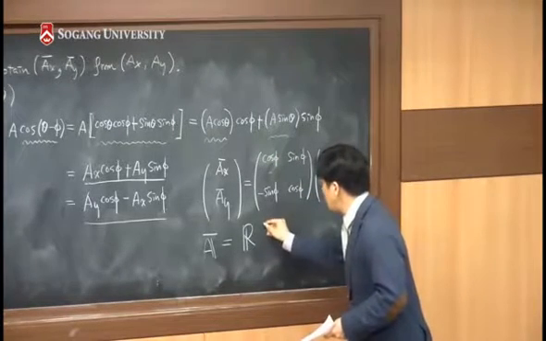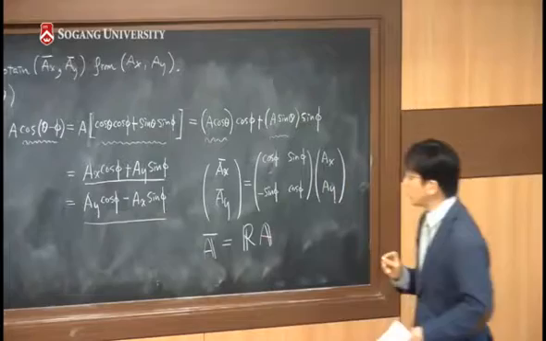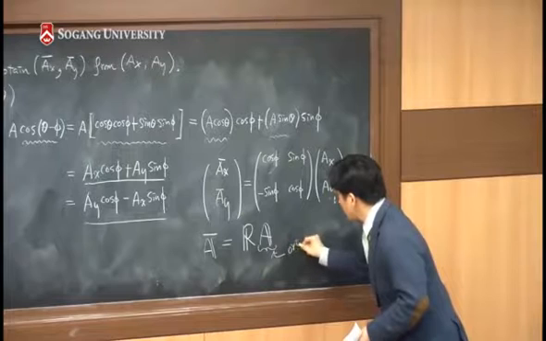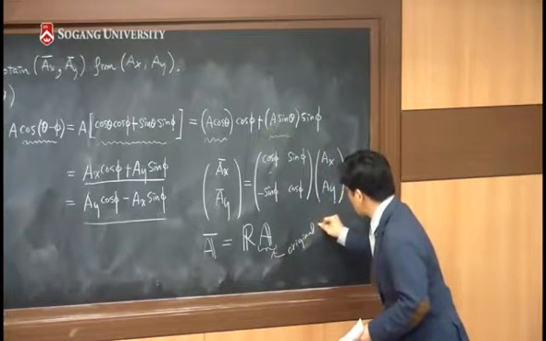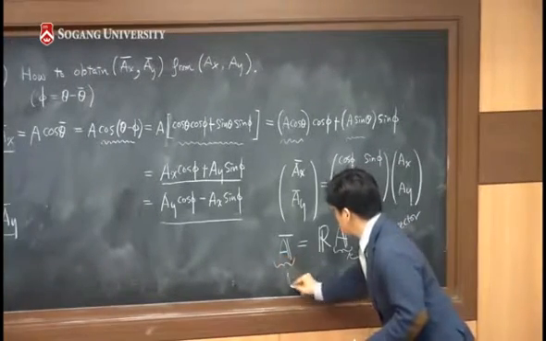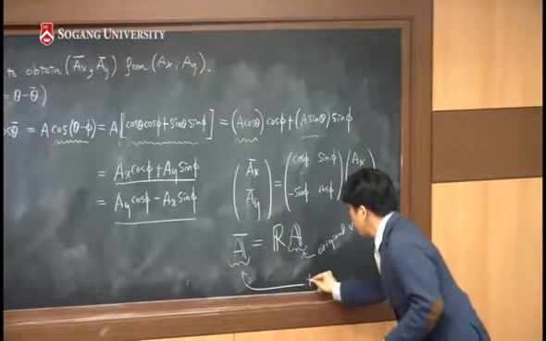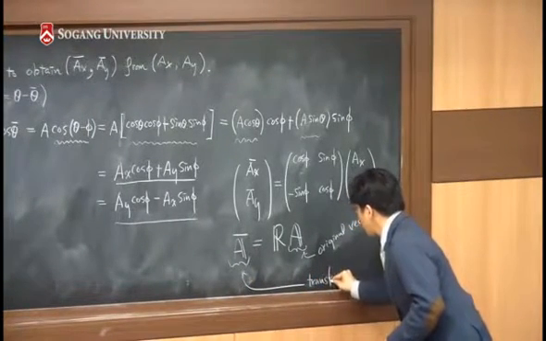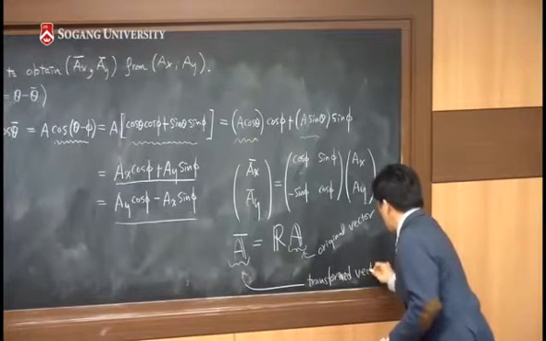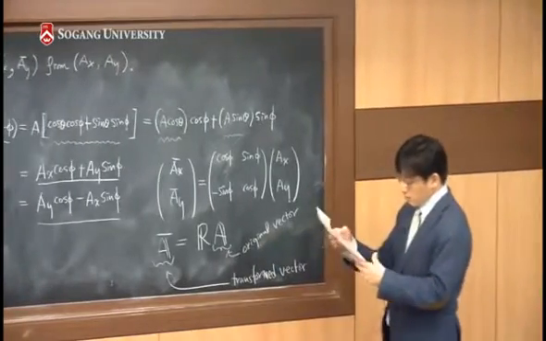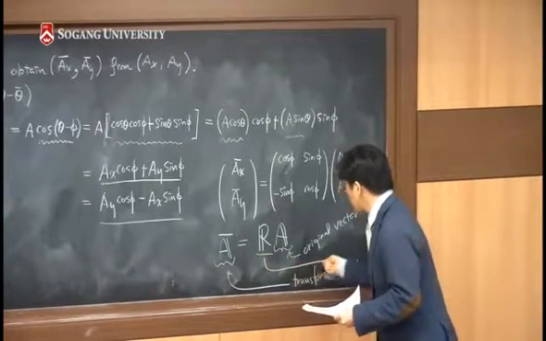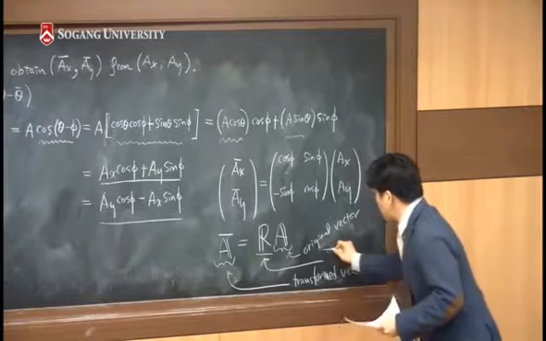So we write it with a bold face like this. Okay? So this is the original coordinate vector, and this is the transformed vector. And this is a transformation matrix.